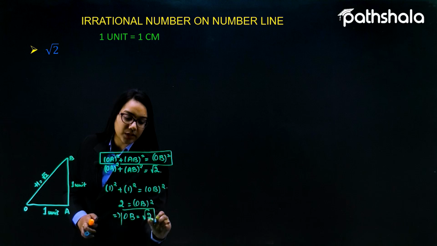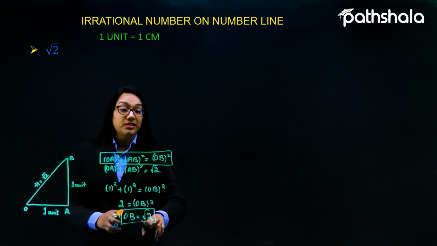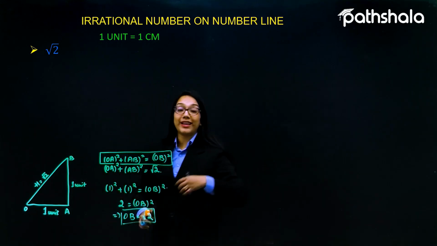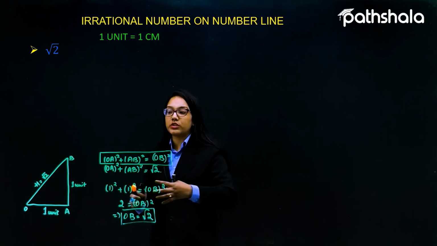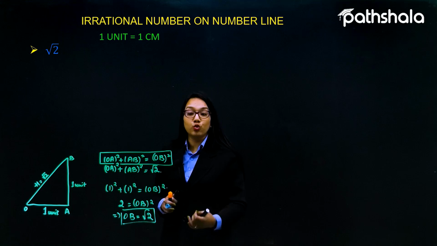OB is equal to root 2, because if we take the square to the other side, it will be the square root of 2. So if we take OA as 1 unit and AB as 1 unit, then the hypotenuse OB will definitely come out to be root 2.